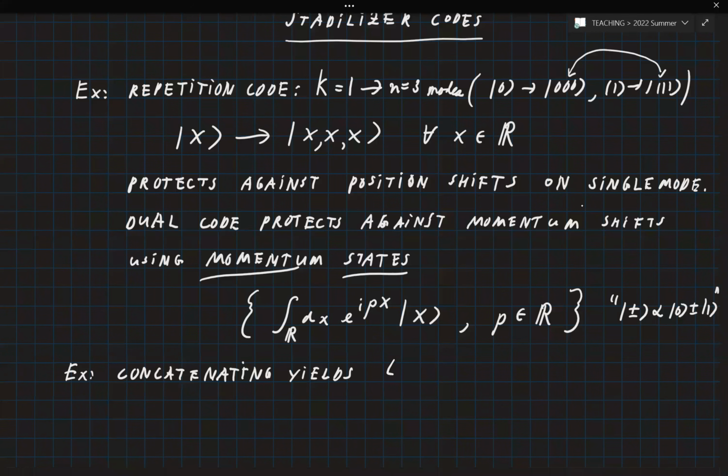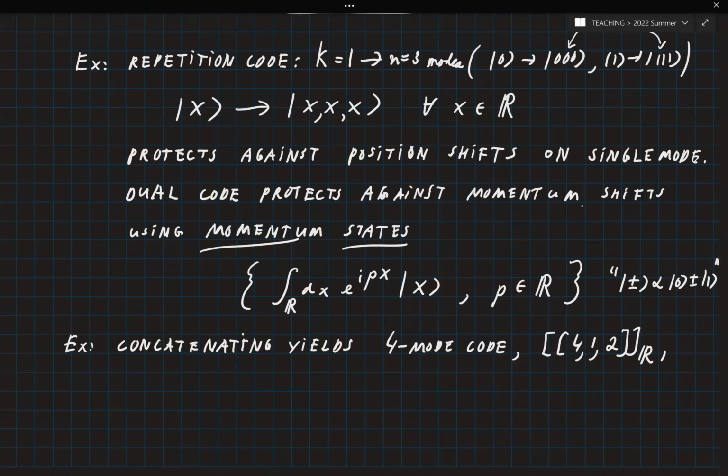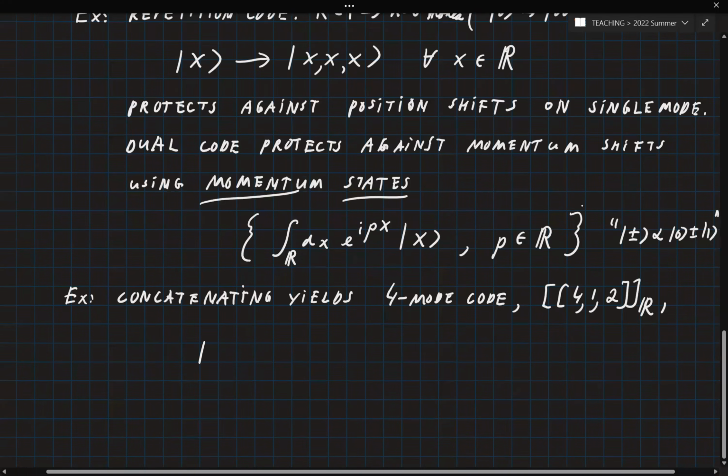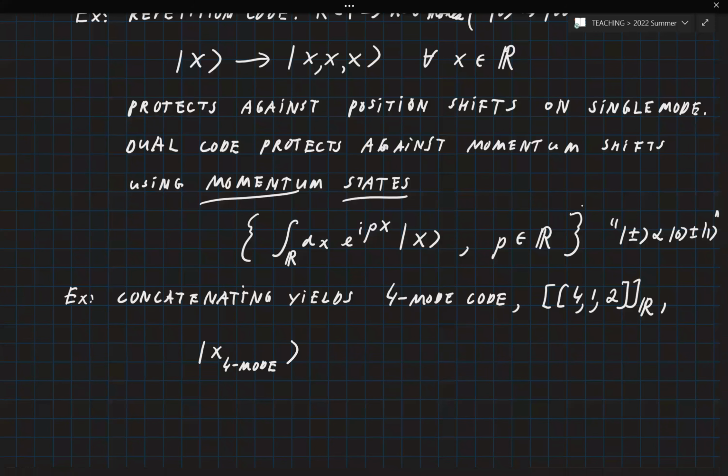And we have our 4-mode analog of the 4-qubit code, the 412 code on the reals. And the code words here are again labeled by a real number.